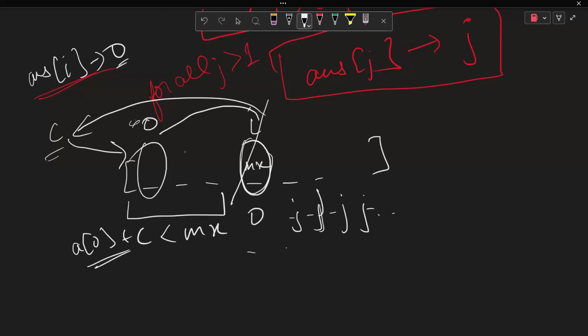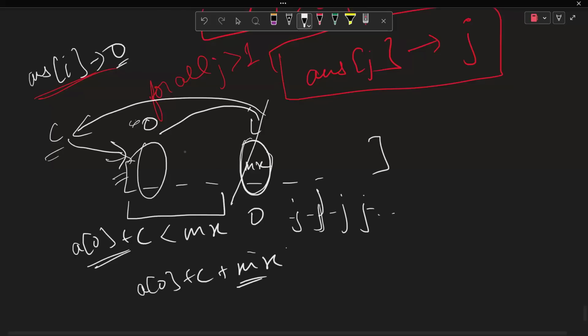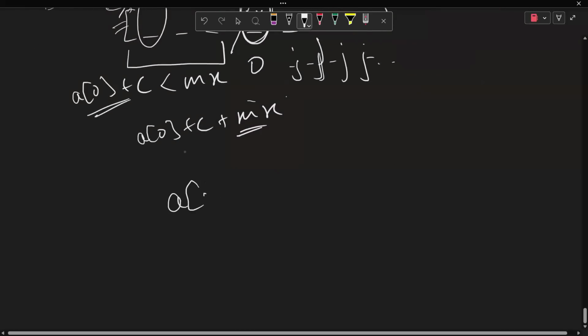So it would definitely get A0 plus C, which it was having, plus MX. With these MX votes, he would definitely win the election. So for A0, our answer would definitely be 1.